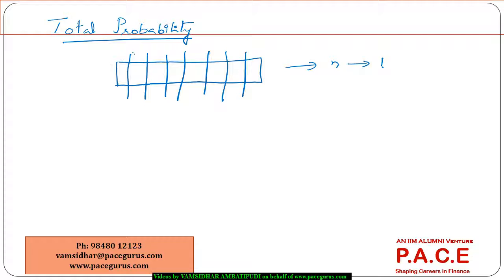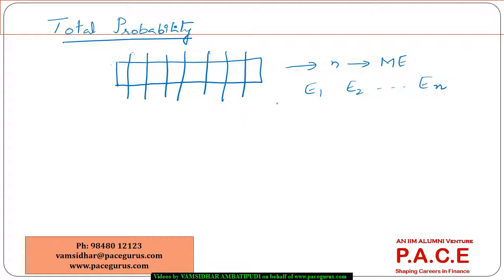But these n parts are mutually exclusive events for me. So the different events for me are E1, E2, so on, En.